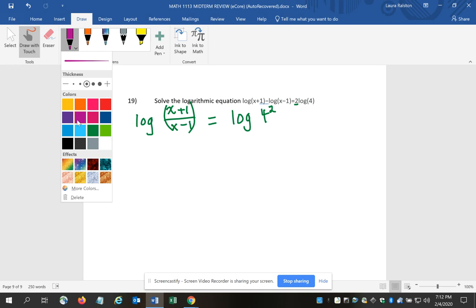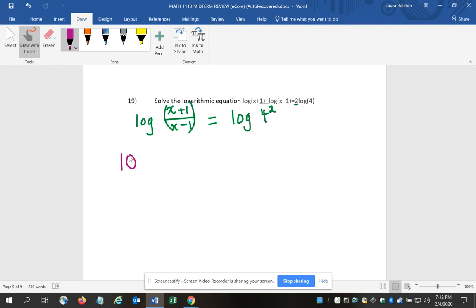So I'm going to again apply the property that an exponential and a logarithm of the same base are inverses of each other. So I would have 10 raised to the log of x plus 1 divided by x minus 1 equals 10 to the log of 4 squared.